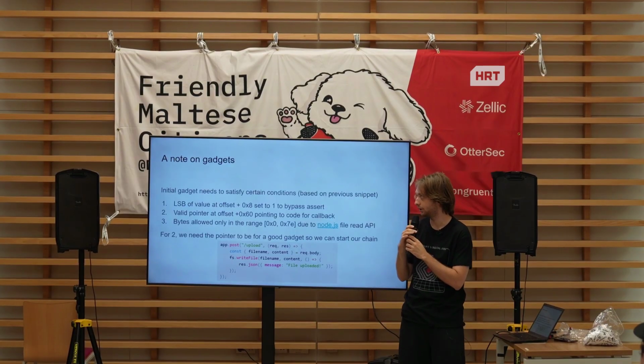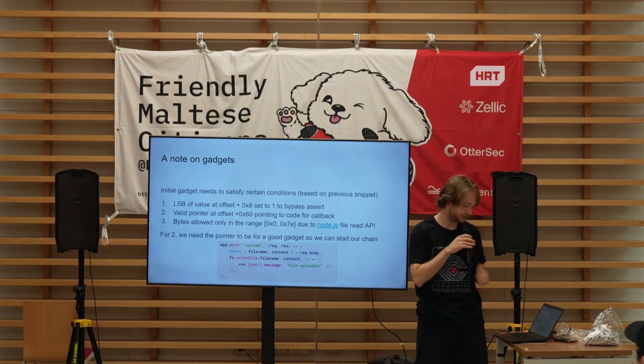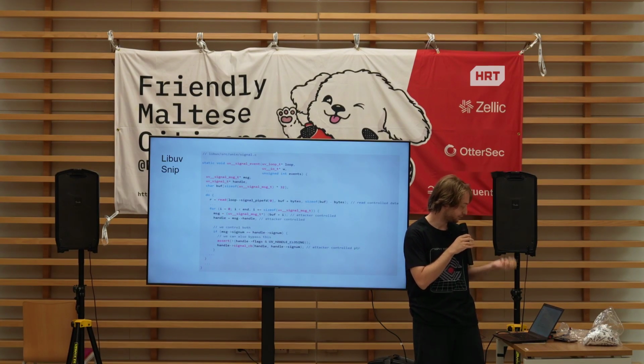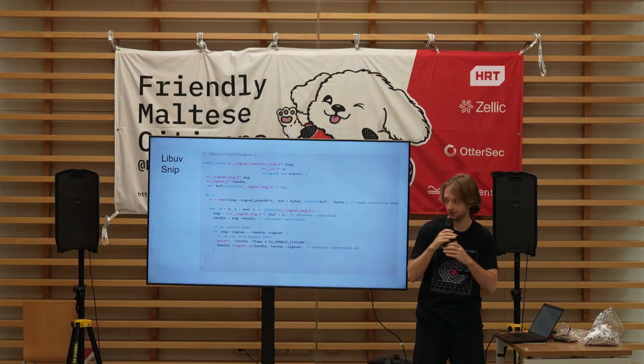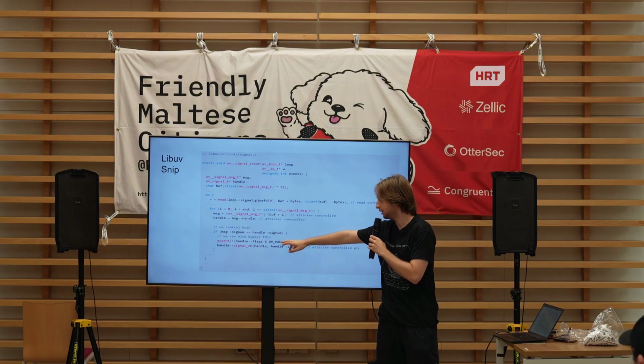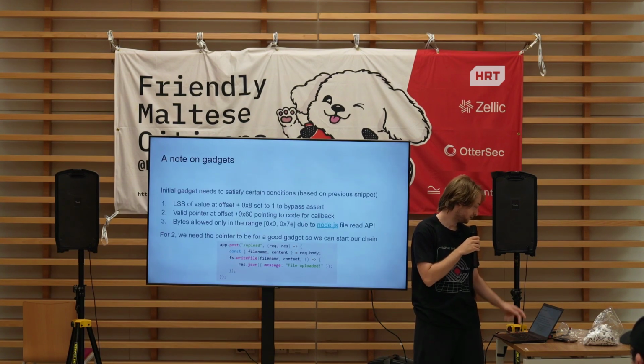However, a quick note on the gadgets that we care about. As you see here, what we're going to pass first has a couple of restrictions. First off, we need to pass the signum check, and we also need to pass a valid callback at different offsets.